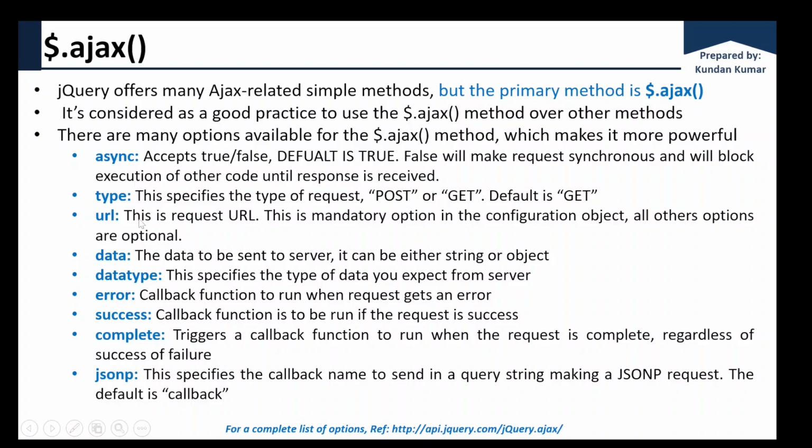It means when you send the request to the URL and the server sends errors, this error callback function runs. Success is a callback function to be run if the request is successful. Complete triggers a callback function to run when the request is complete, regardless of success or failure. JSONP specifies the callback name to send in a query string, making a JSONP request.